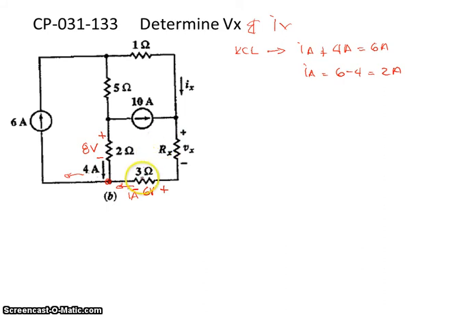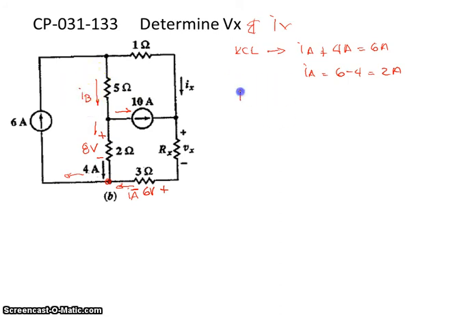Okay, I have now this value, and I will try to apply Kirchhoff's voltage law around this loop. In order to do that, I need to know what's the current flowing through this 5 ohm resistor. Well, I know that I have 10 going this way, I have 4 going this way, so the only value that I don't have is this current over here.